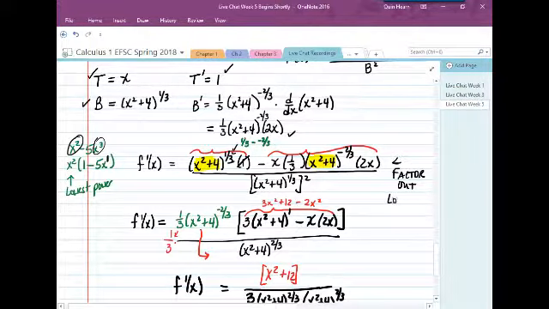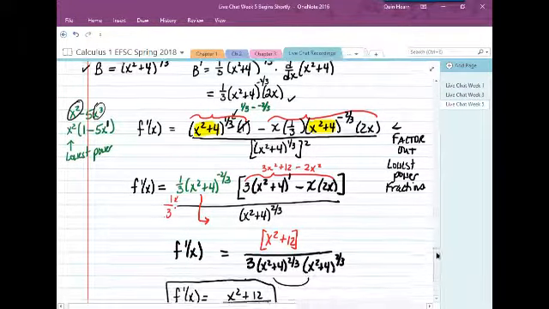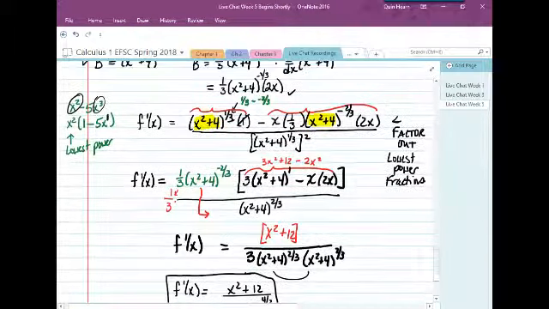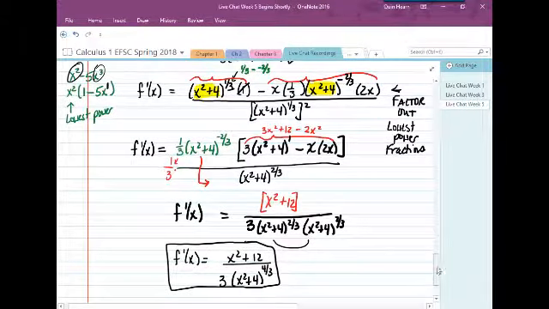You're going to factor out the lowest power of whatever base and any fractions. The algebra can be challenging. Most of the time I see students get to the step where they have found the derivative, but the simplifying can trip them up.